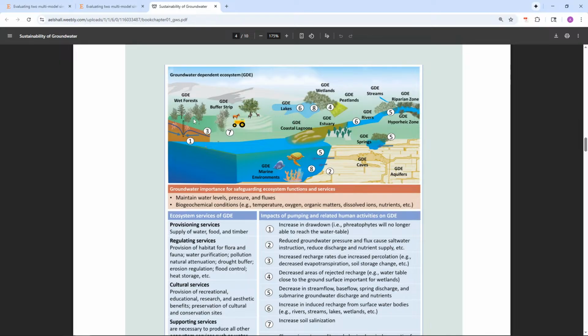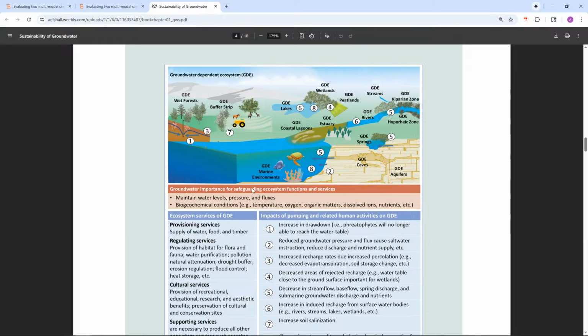When you see a yellow forest, you would suspect that the groundwater level went down. This is explained here, but I'm just explaining why they are important: because they maintain water level, pressure, and fluxes, and biogeochemical conditions, controlling temperature, oxygen, organic matter, dissolved iron, and nutrients. So see how I'm telling the story here?